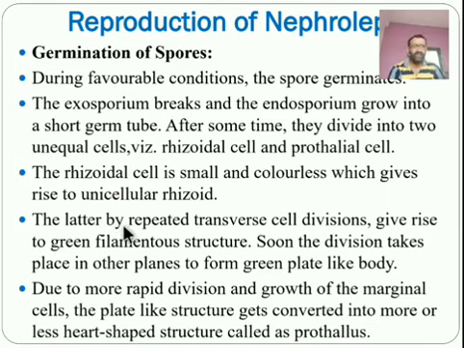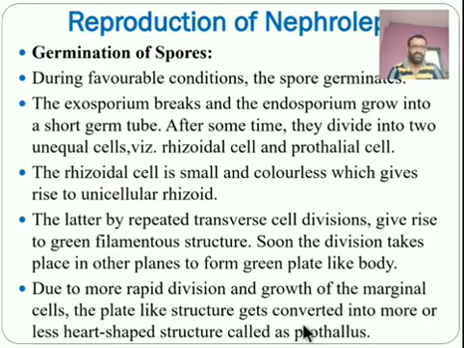The latter, by repeated transverse cell divisions, gives rise to a green filamentous structure. Soon the division takes place in other planes to form a green plate-like body. Due to more rapid division and growth of the marginal cells, the plate-like structure is converted into a more or less heart-shaped structure, and that heart-shaped structure is called the prothallus.